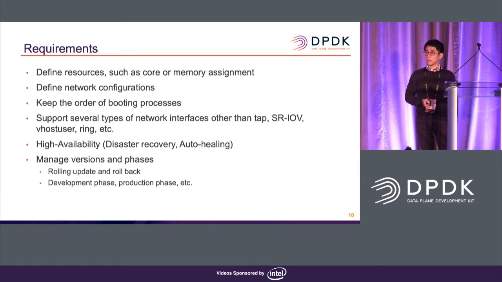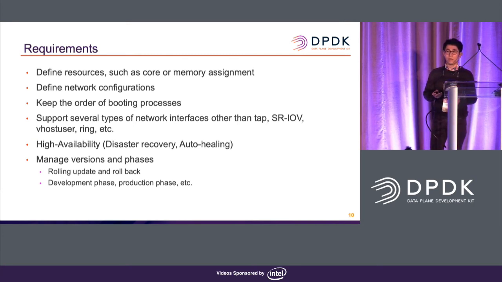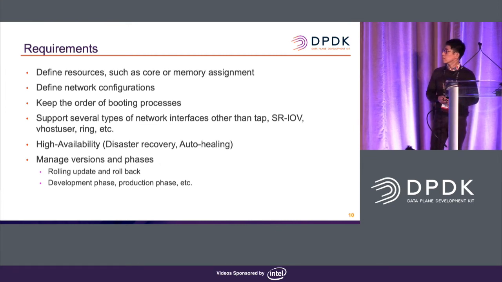Not a typical network appliance such as OVS, SPP has an original, specific network configuration, but it cannot be supported by using the default Kubernetes CNI, and we need to add an additional mechanism for defining our network configuration.